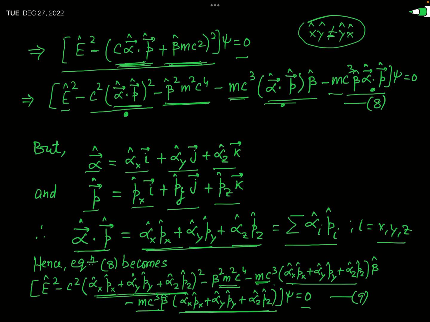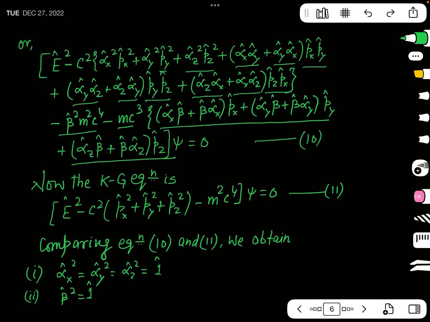Therefore after simplification you get this result. There was a lot of algebra, but you can do it easily. This is simple algebra. So this is the form of the Dirac equation in terms of the components of the operators alpha and p.